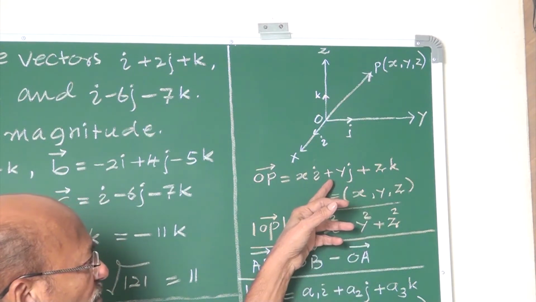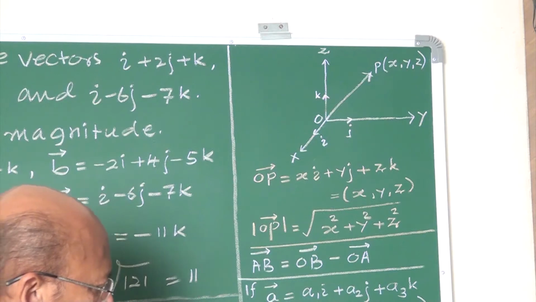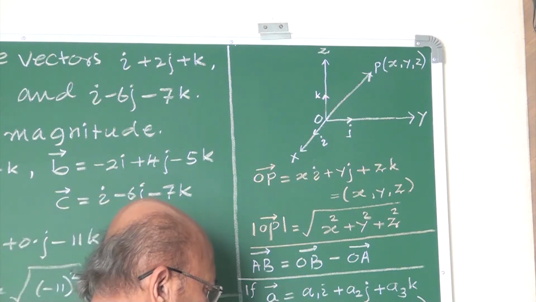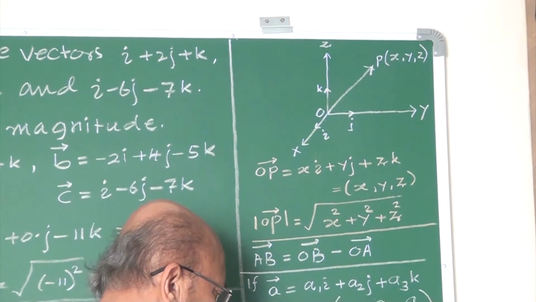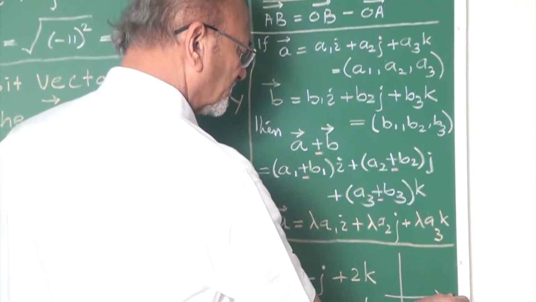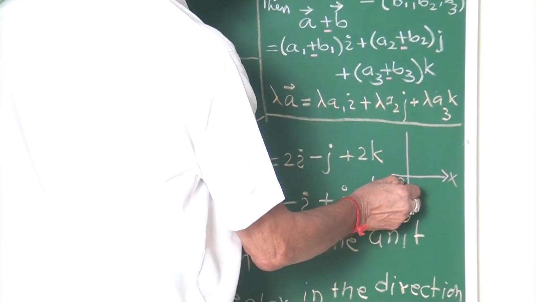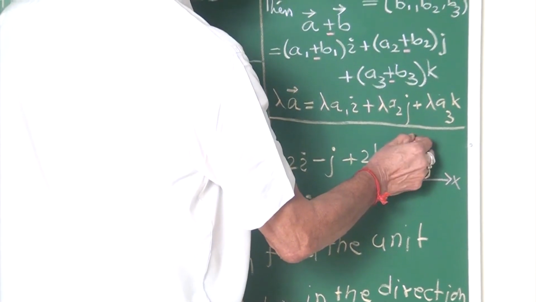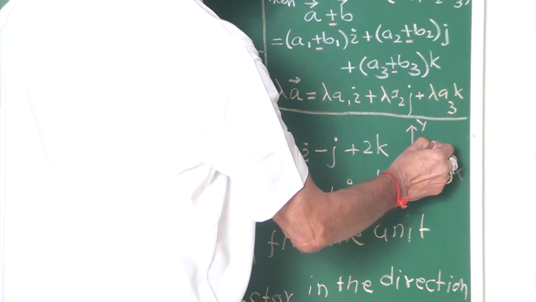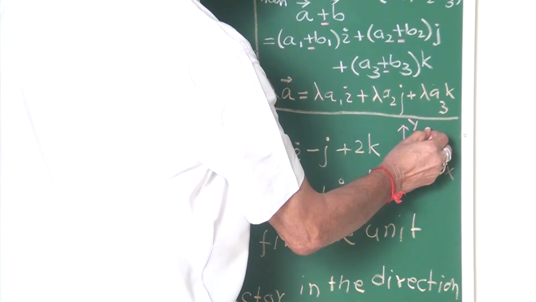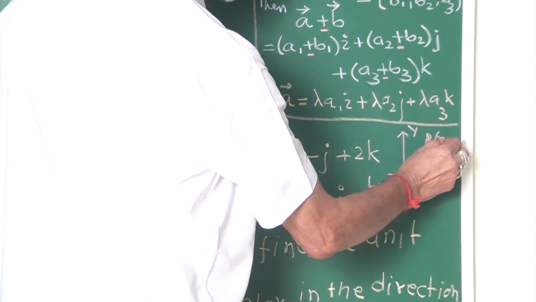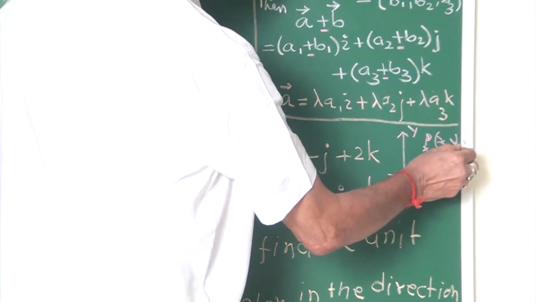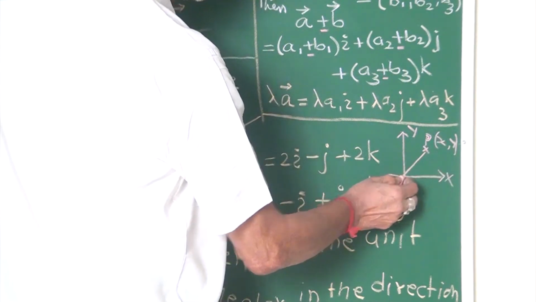My friends, before this, I explained this for two axes, x-axis and y-axis. This is the x-axis, this is the origin, this is the y-axis, this is the point P whose coordinates are x and y. Then this OP is the position vector.